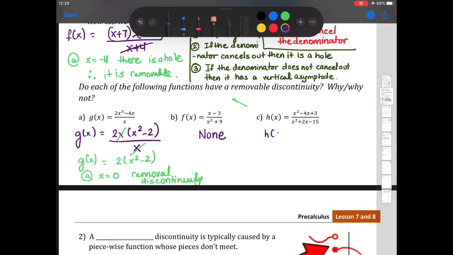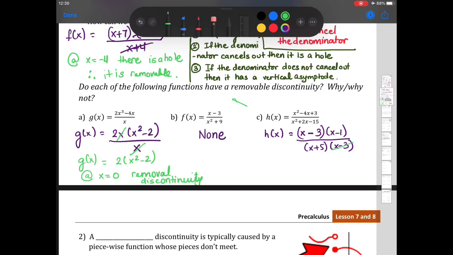It will be x squared, and give me two numbers that add to -4, so it will be x minus 3 and x minus 1. And in the denominator, the same method: two numbers that add to 2 and multiply to -15 are 5 and -3.